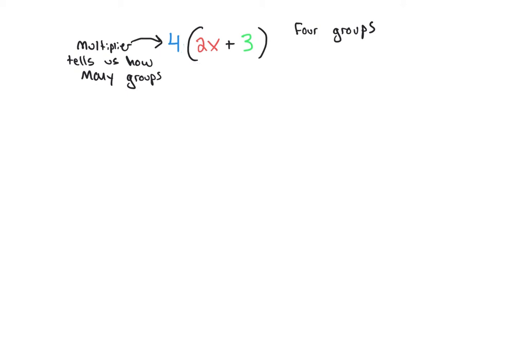And then we have 4 groups of 2x plus 3. And so what's inside of here tells us what is being multiplied, what is in each group.